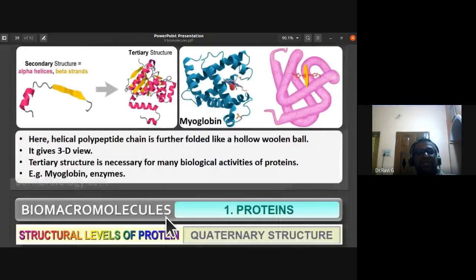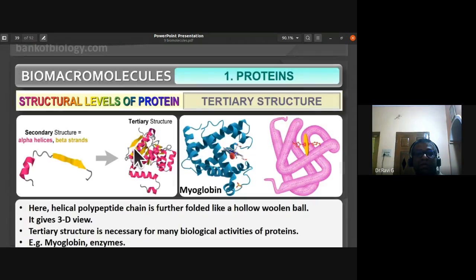In tertiary structure, the helical polypeptide chain is further folded like a woolen ball, a hollow woolen ball-like structure.